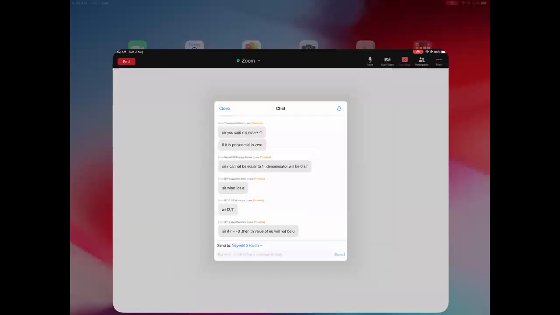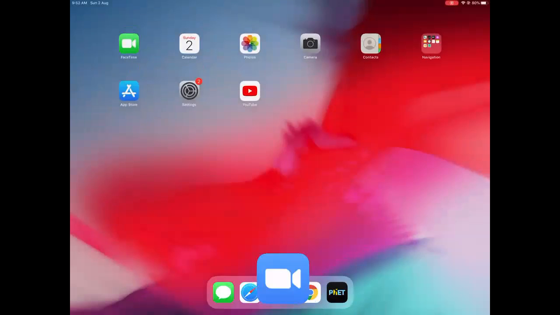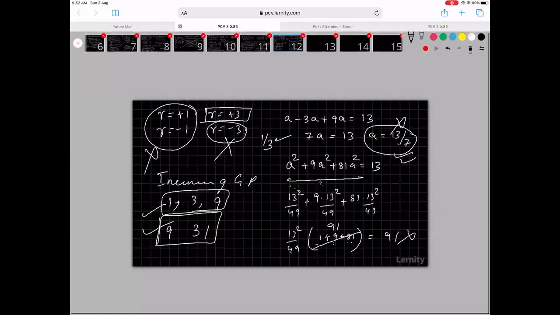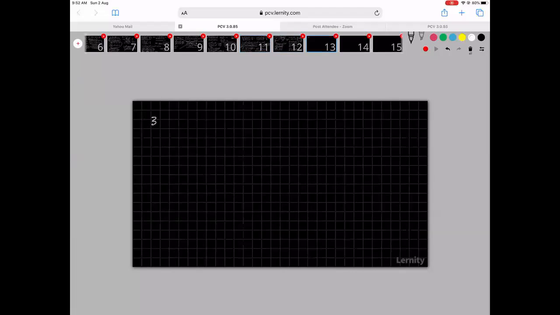If R is equal to minus 3, let me check. I haven't checked it, but I feel it will be 0. Anyway, I will check and then I will tell you. So you have 3R power 4 minus 10R power 3 plus 10R minus 3 is equal to 0. Is that my equation?